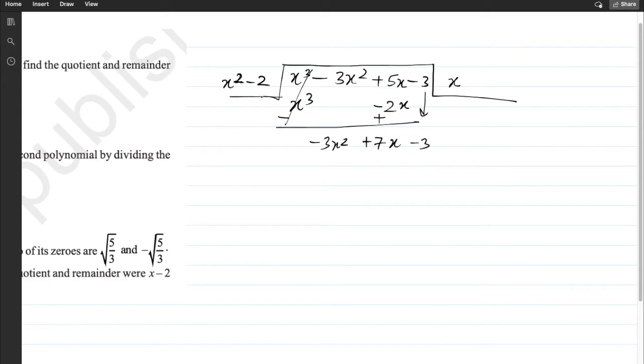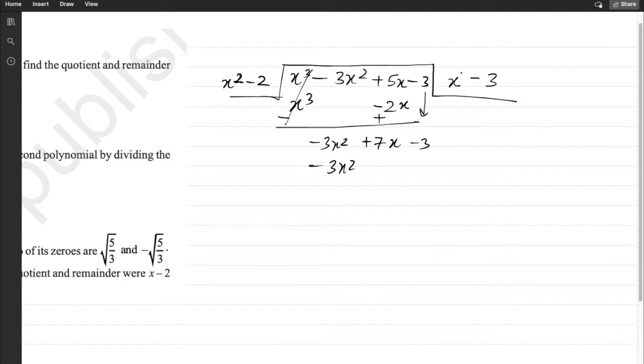Now I need to convert this x square minus 2 in such a way that the first expression is equal to this first expression. So x square can be converted to minus 3x square if I multiply with minus 3. So I will get minus 3x square.